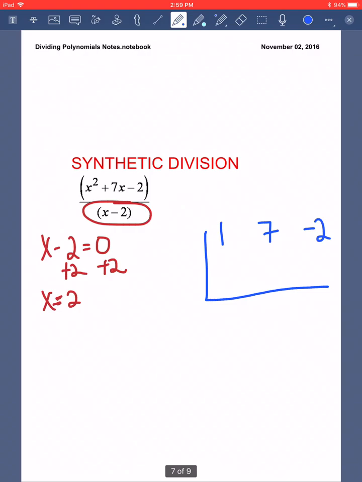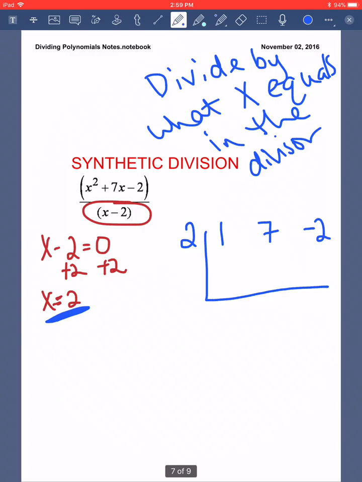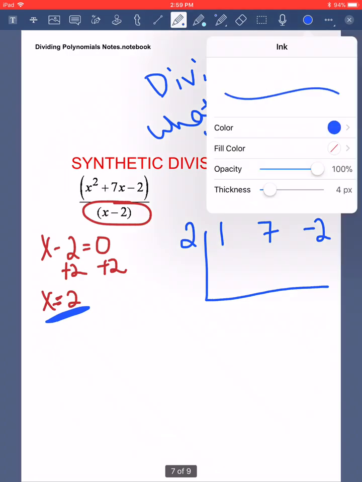And on the outside, I'm going to put what I'm dividing by, which is a +2. I always divide by what x equals in the divisor. So x equaled 2, so I'm dividing it by +2.